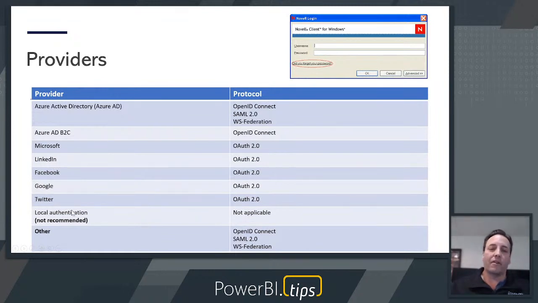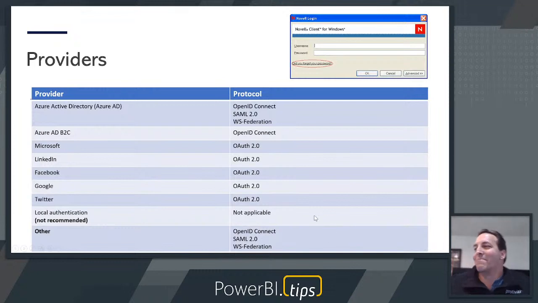There's some stuff in the documentation right now that says Twitter is kind of wonky, so be a little careful of that one. And then my favorite of all of these is the local authentication, the local Dataverse database. In the documentation it says it's not recommended, but when we start up our portal, it will be one of two that are enabled. The rest of them are disabled.